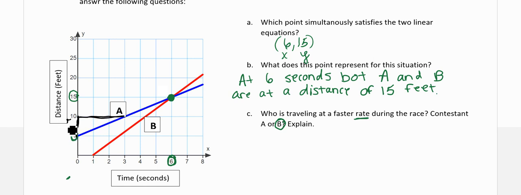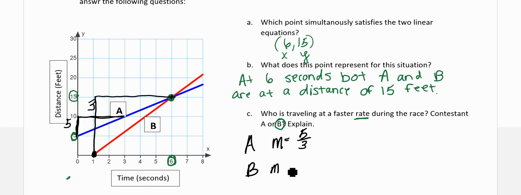So A is traveling at 5 feet in 3 seconds. So A, the slope is 5 over 3. And B, find 2 points for B, is traveling, let's see, 15 feet in 6 seconds. Simplify that.